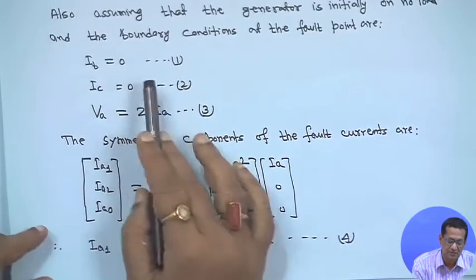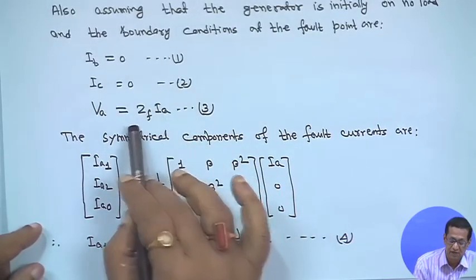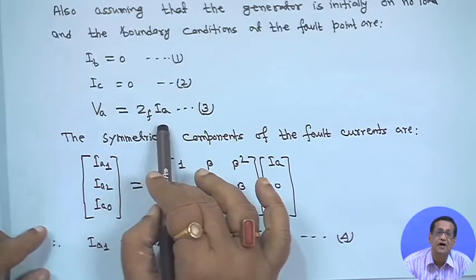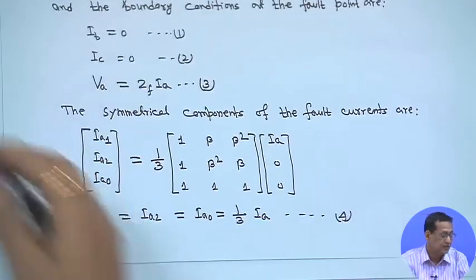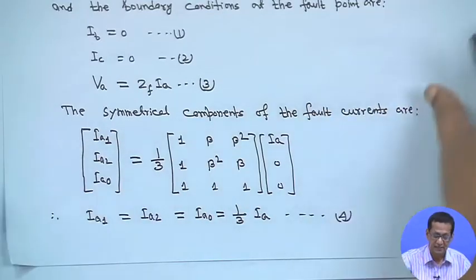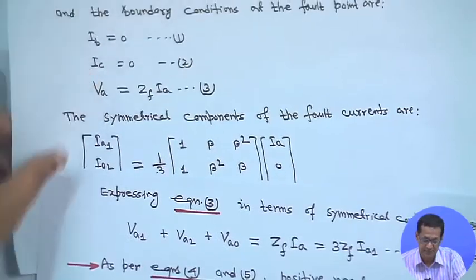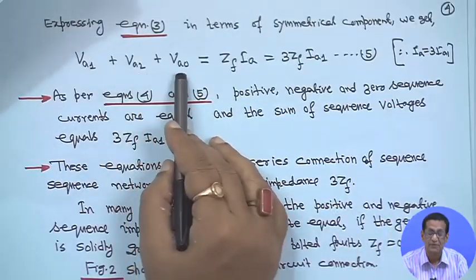We have marked IB equal to 0 as equation 1, IC equal to 0 as equation 2, and VA equal to Zdf into IA as equation 3. If we express equation 3, VA is actually equal to VA1 plus VA2 plus VA0.